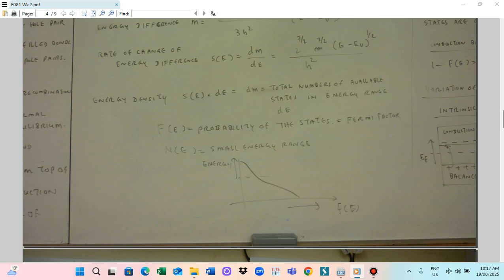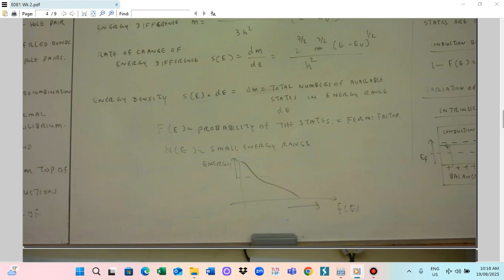So energy and the probability we can draw. This probability we also call the Fermi factor. The Fermi factor is how much probability of the state, how many states can happen. So this Fermi factor and the energy can be drawn in the graph. This graph will be like this.